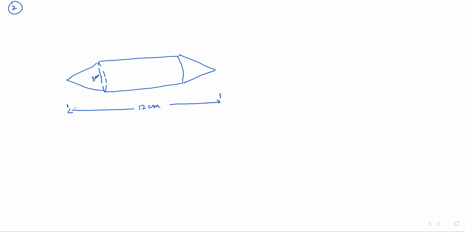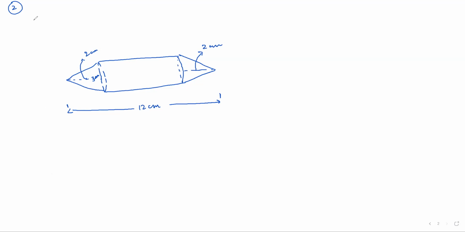If each cone has a height of 2 centimeter, so that means the height of this cone is 2 centimeter, and similarly the height of this cone is also 2 centimeter. Find the volume of air contained in the model. Assume that outer and inner dimensions of the model are nearly the same, right? So you have to ignore thickness in this case.